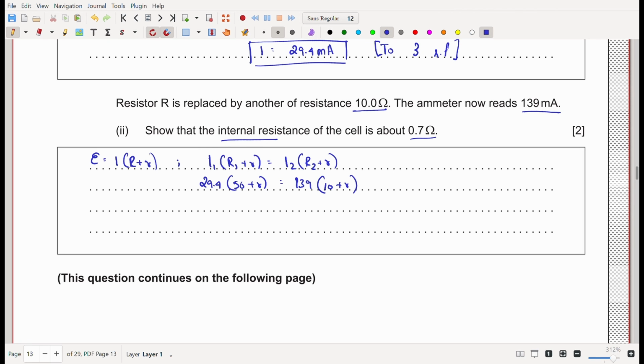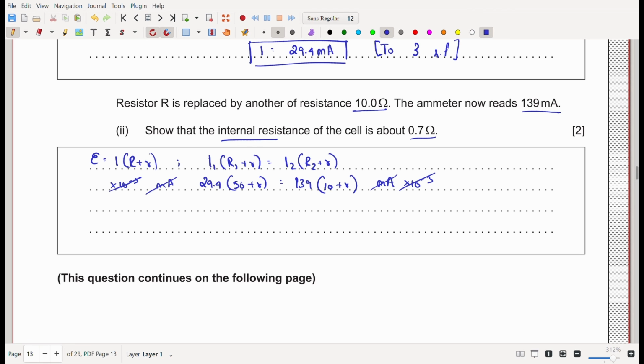Now you might be wondering, why didn't I write in 10 power minus 3 here and here? That is because since both sides, if we deal with milliamps, we end up with millivolts, which essentially cancel out anyways. So I'm going to remove the 10 power minus 3 on both sides because, like I said, they will just cancel out.